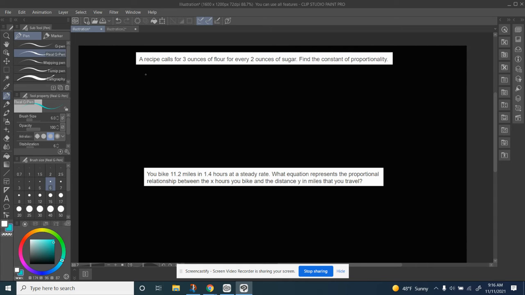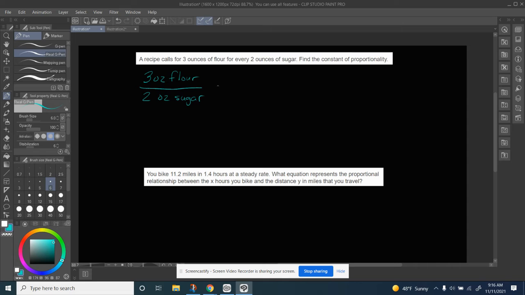So for 3 ounces of flour, we need 2 ounces of sugar. Okay. So we have 3 ounces of flour compared to 2 ounces of sugar.